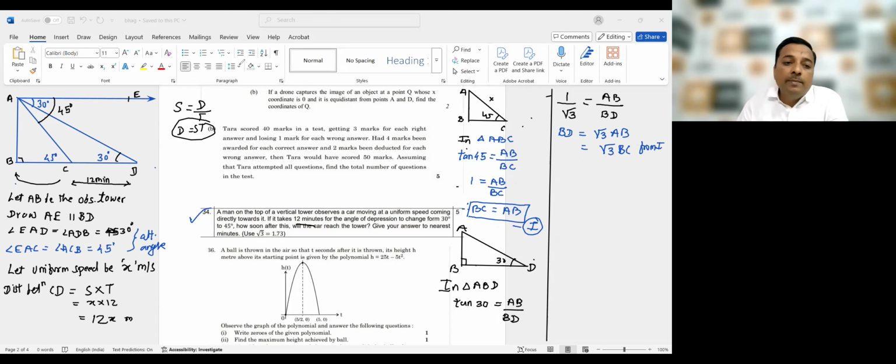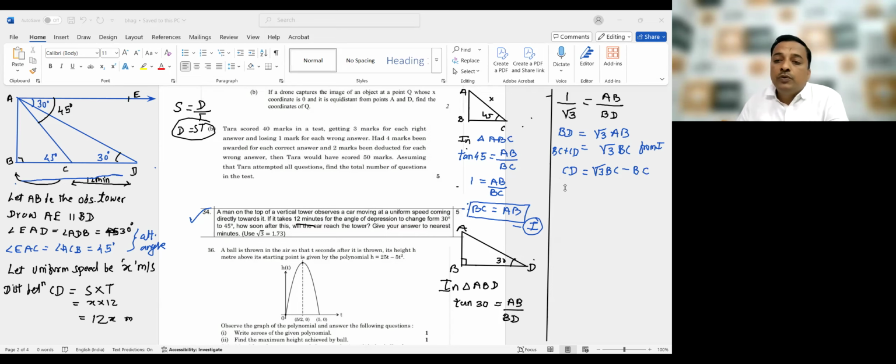And if you observe the main diagram, जो original diagram देखोगे उसमें BD है, so BD is divided into two parts, BC plus CD, correct? So in the place of this we can write BC plus CD. So just shift BC one side. So CD is equal to root 3 BC minus BC.